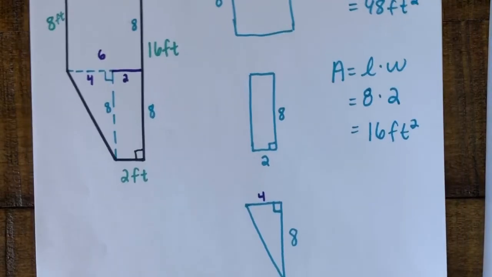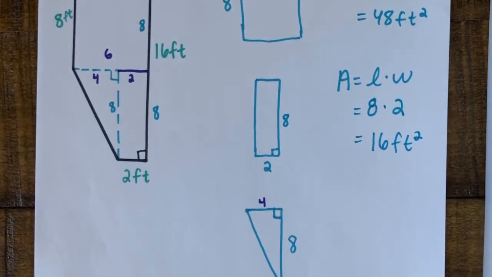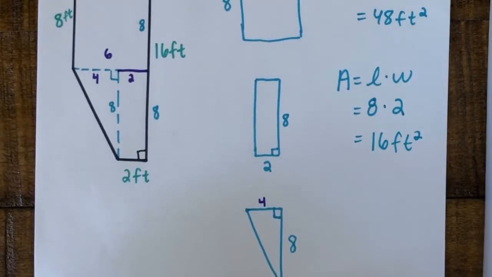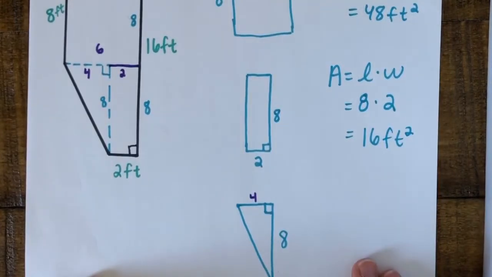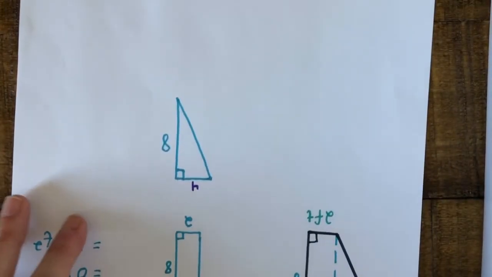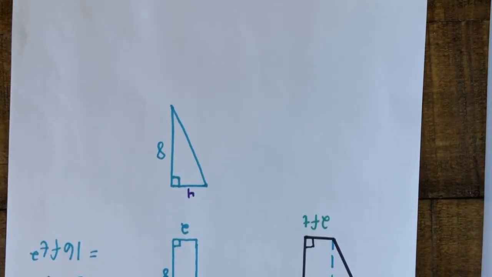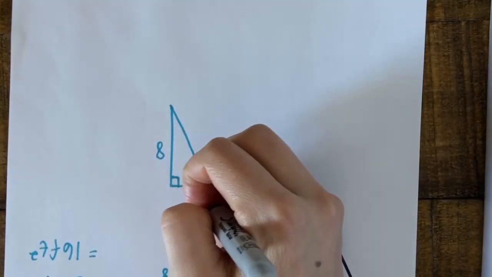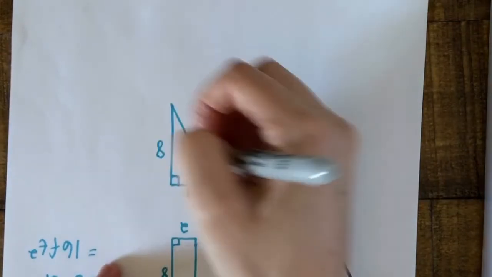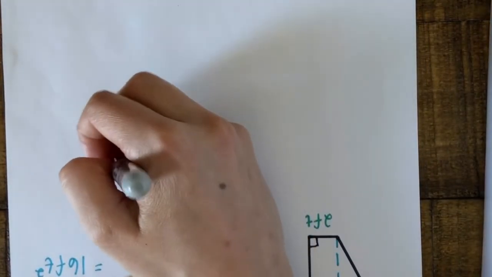And then finally in my last triangle, this triangle doesn't look like what we're used to looking at for a triangle, because the base of this triangle, the part that's on the bottom, is the point. So I'm just going to turn this triangle around until it looks like I'm used to. Oh, there we go. So now I have my triangle that has a base of 4 and a height of 8.